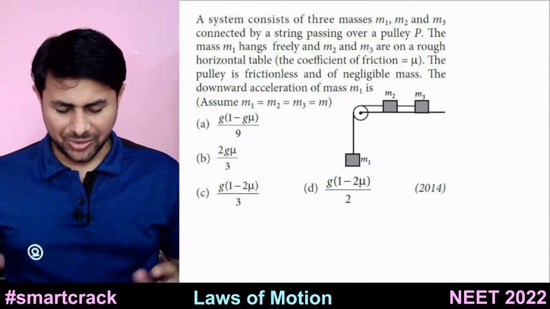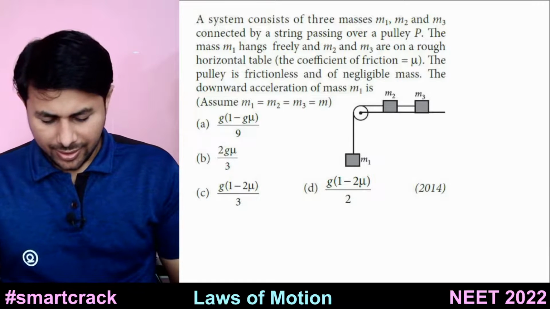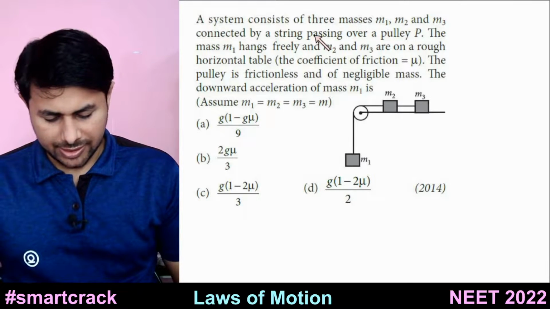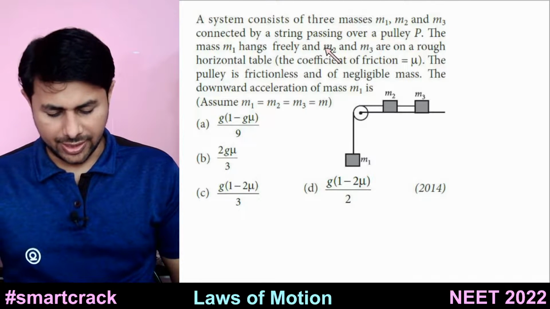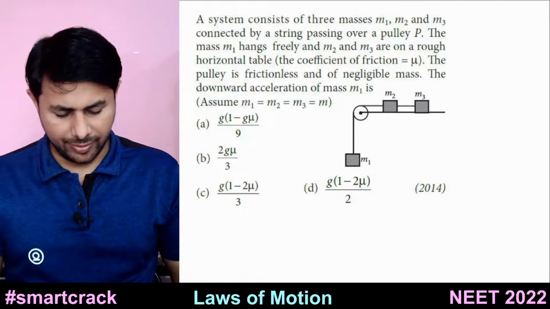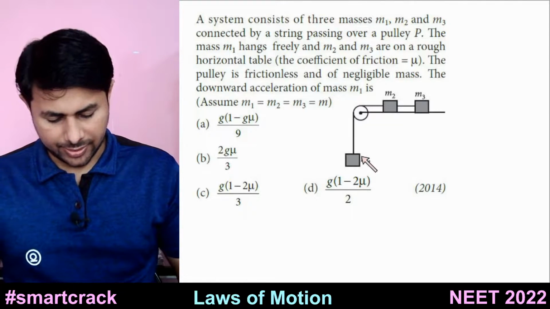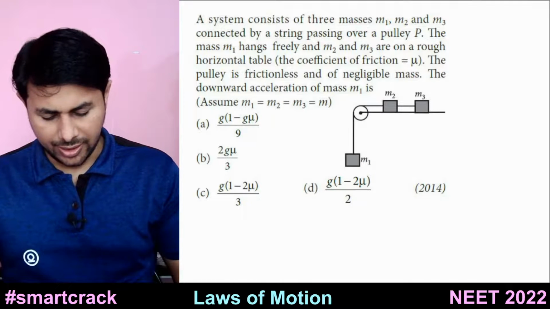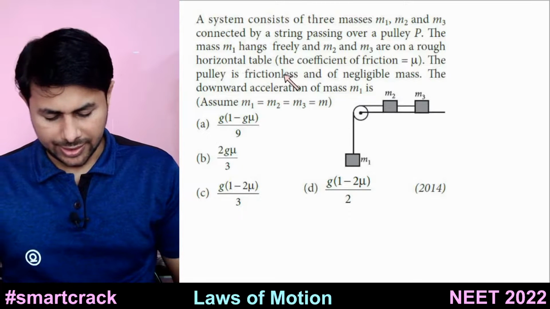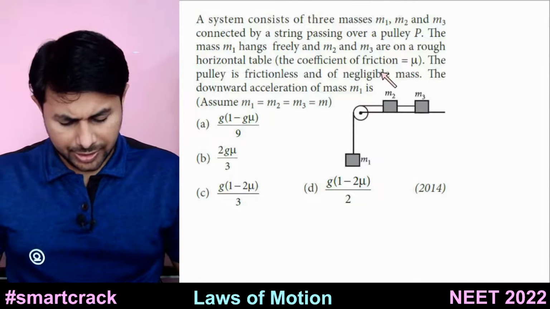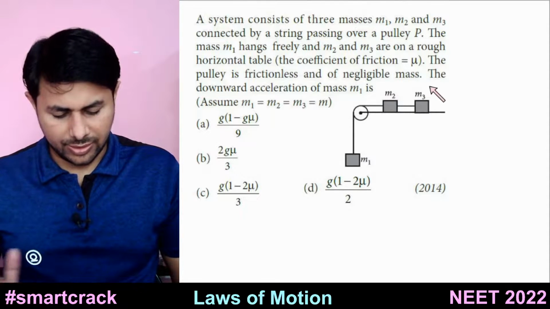So we need to do some smart tricks in between. All right, a system consists of three masses m1, m2 and m3 connected by a string passing over a pulley P. The mass m1 hangs freely, and mass m2 and m3 are on a rough horizontal table. The coefficient of friction equals mu, the pulley is frictionless and of negligible mass.